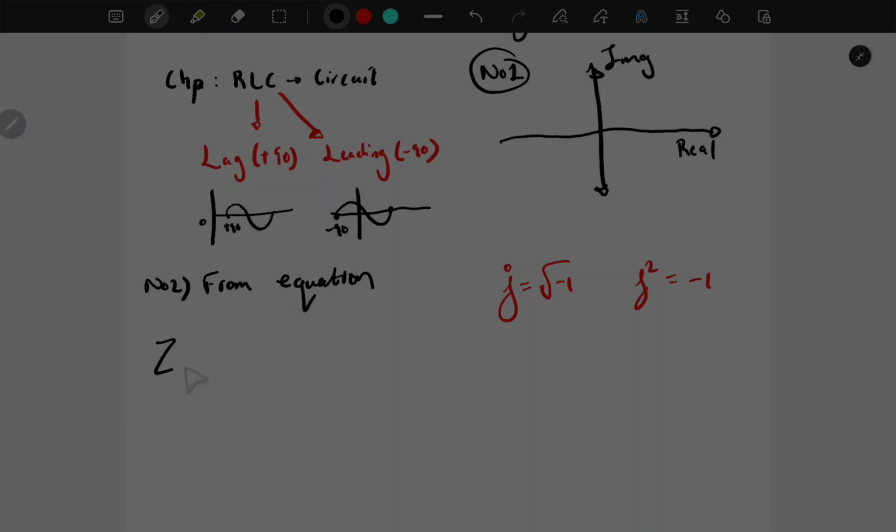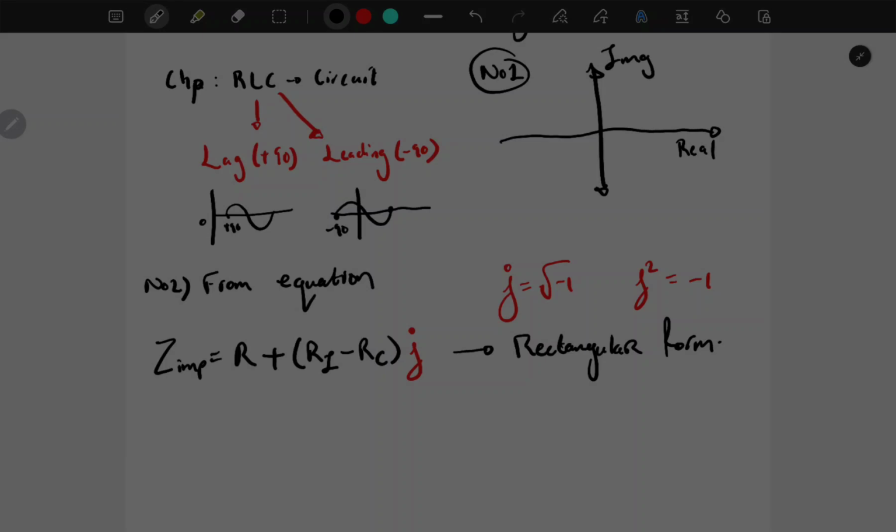We know that the impedance Z is equal to the resistance R plus, open bracket, the reactance of the inductor minus the reactance of the capacitor, close bracket, and then your imaginary j. This here is known as rectangular form, and I did this in the previous class.